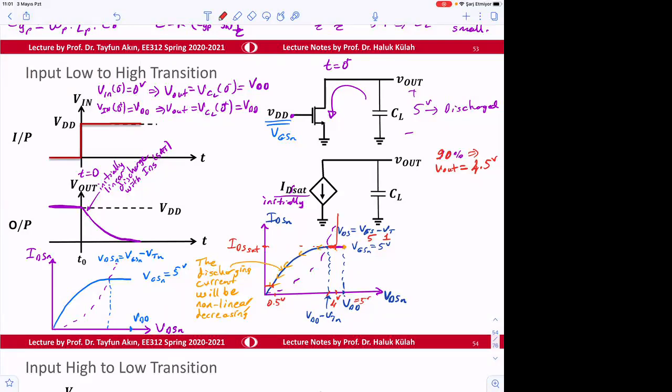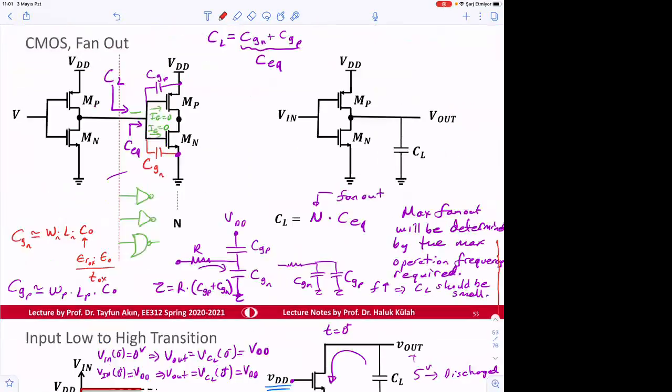So from 90% to 80%, Mn will be in SAT, so there will be linear discharging.